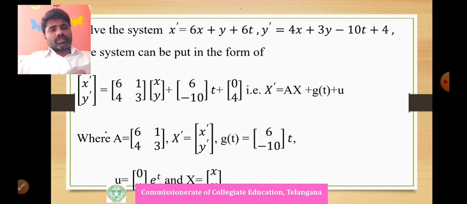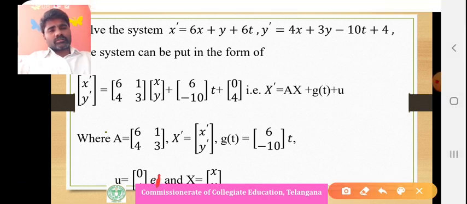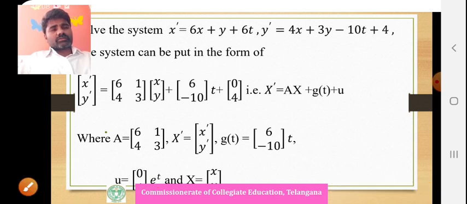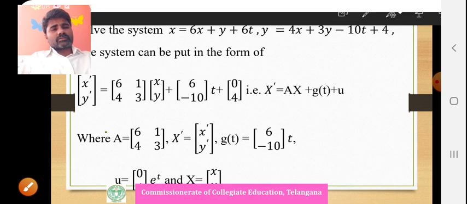There is no e power t, only (0, 4), and x is the solution vector (x, y).